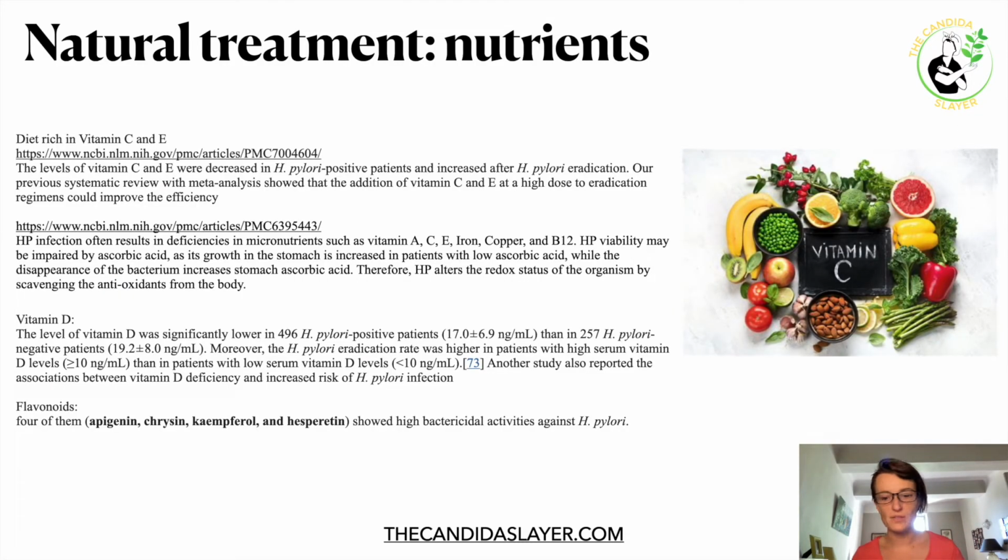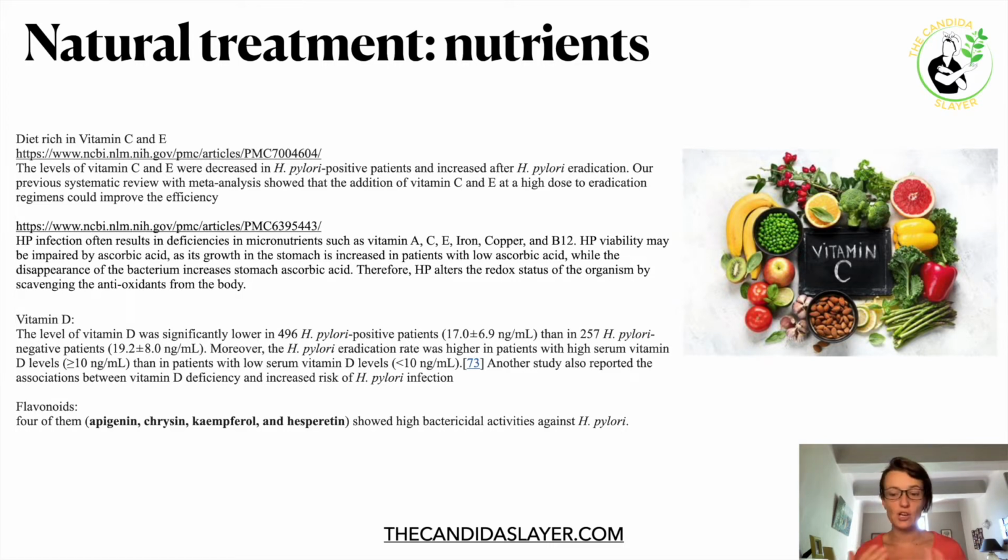So now we have seen that you actually have a microbiome in your stomach. And you will have issues with your stomach microbiome because there is an imbalance, and especially because there is a change in the pH of your stomach. So H. pylori is just the consequence of this imbalance, of this change of pH.